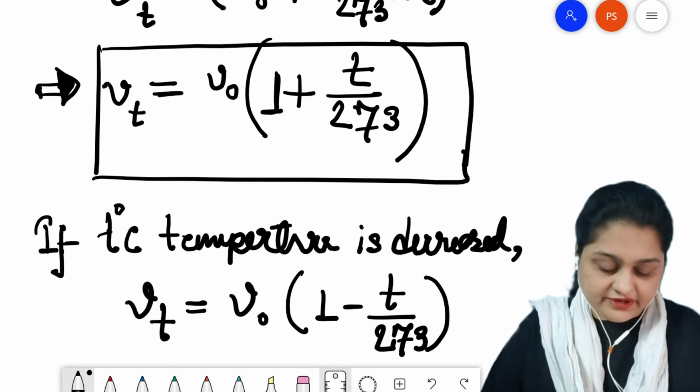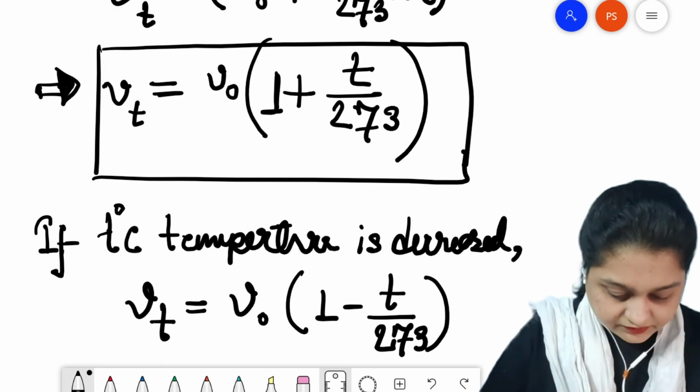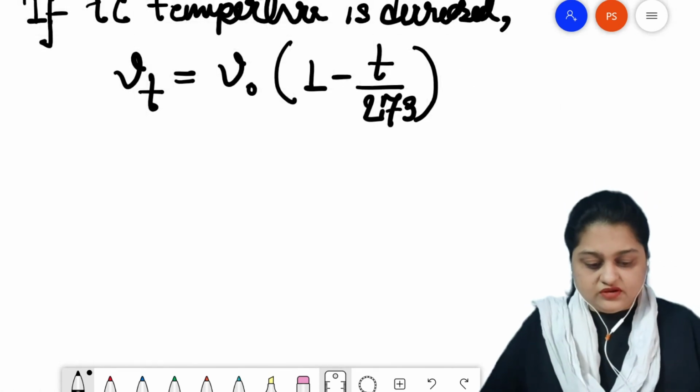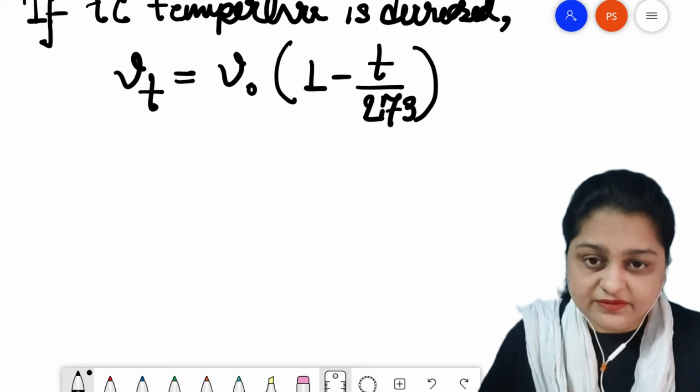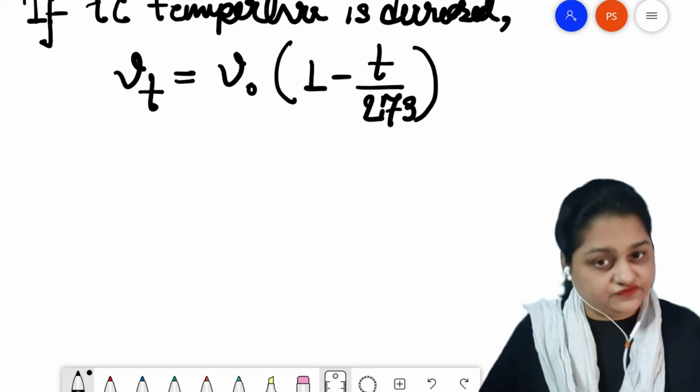So in general, we can say that at 0 degree Celsius temperature, the volume of a certain amount of gas is V naught.